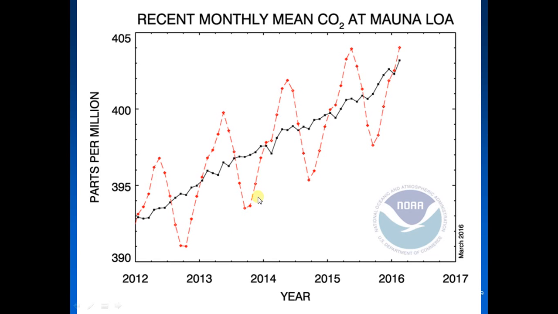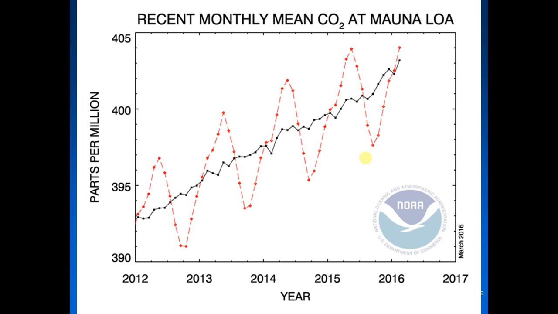Let's continue. See what happens. October, November, December, January 2014, February, March, April, May, June, July, August, September, October, November, December, January 2015, February, March, April, May 2015, June, July, August, September. Do you see the trend?